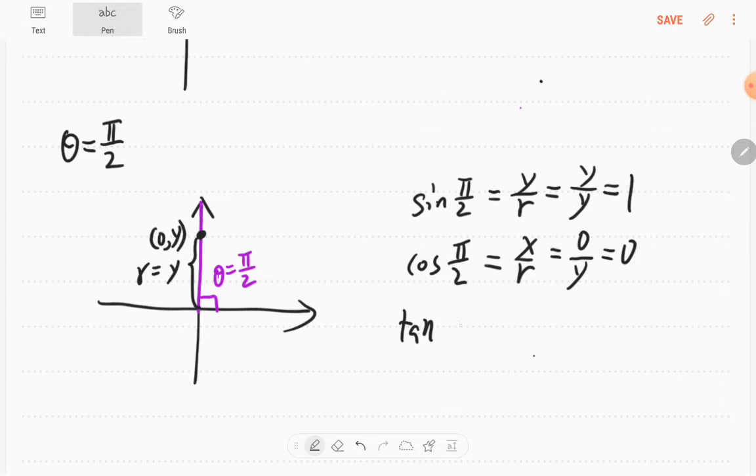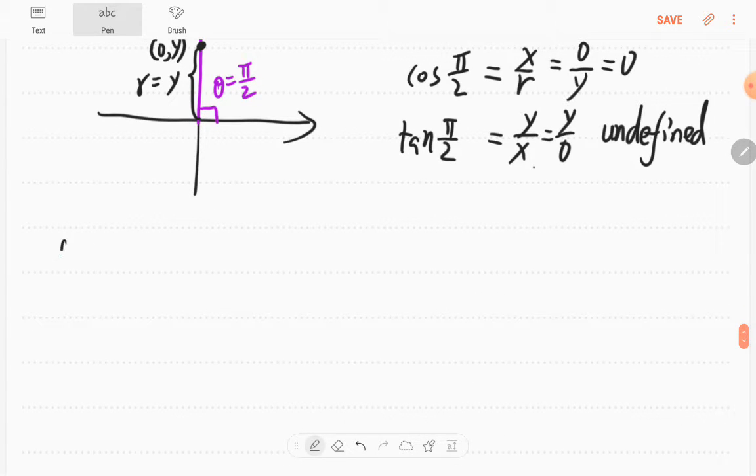Tangent pi over 2 is y over x, but we have x equals 0, so it becomes y over 0. This is called undefined. So that means when theta is pi over 2, or the coterminal angles of pi over 2, tangent theta is always undefined.